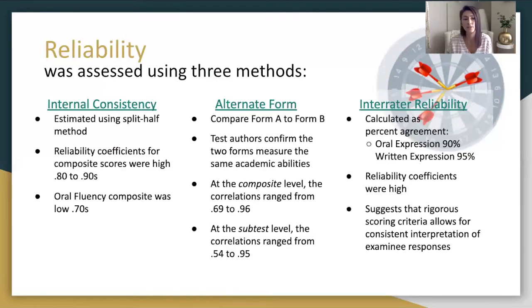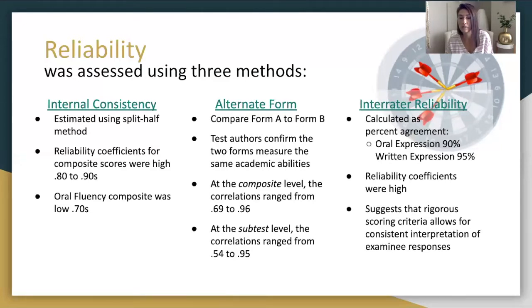The last method they used to address the reliability was the inter-rater reliability, which is basically a consistency among test scores. So they agree upon a percentage when scoring these tests. And in this case, the oral expression was 90% and the written expression was 95%.